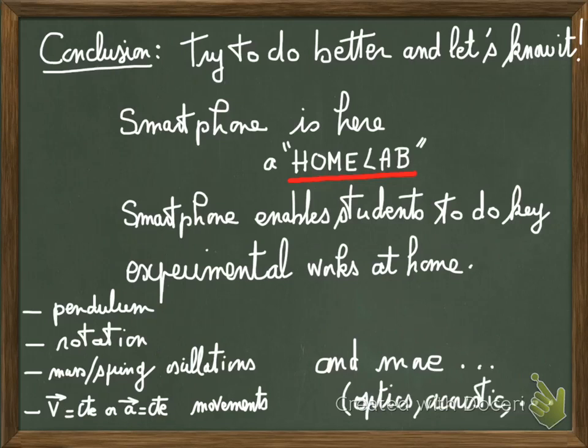This enables them to do key experimental work at home, with the pendulum, with rotation, and with the oscillation of a mass and spring system. You can do displacement with constant velocity vector or constant acceleration vector, which can essentially be done in free fall. Other things based on smartphone technology can be done in optics, acoustics, and other fields, and this is an open possibility. Thank you.